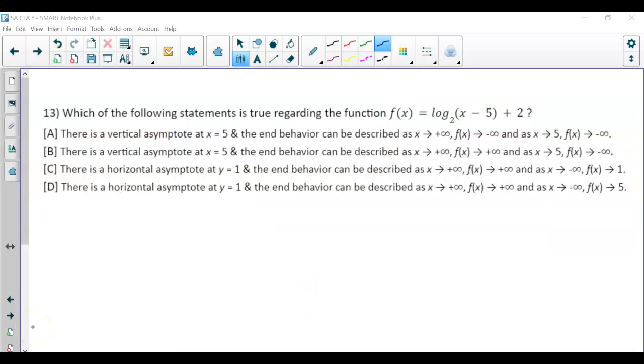And now here we're looking at which statement is true regarding our log. I'm looking at the equation of this log, but I'm looking for visual information. We need to know the end behavior and what type of asymptote. So again, graph this in Desmos. Let's first look at what type of asymptote. Keep in mind you have a log, so there should be a vertical asymptote.